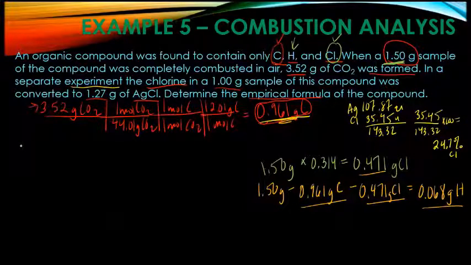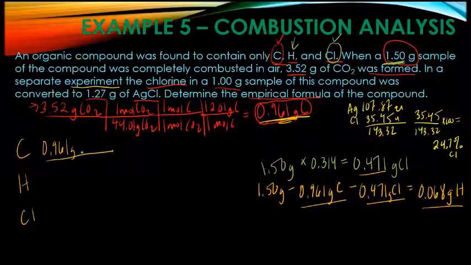So let's go ahead and set this up. Put our carbon here, the hydrogen is next, and the chlorine here. And we just go ahead and continue on doing the basics of changing it to moles. The hydrogen's next, following the order that they gave it to me in the problem.